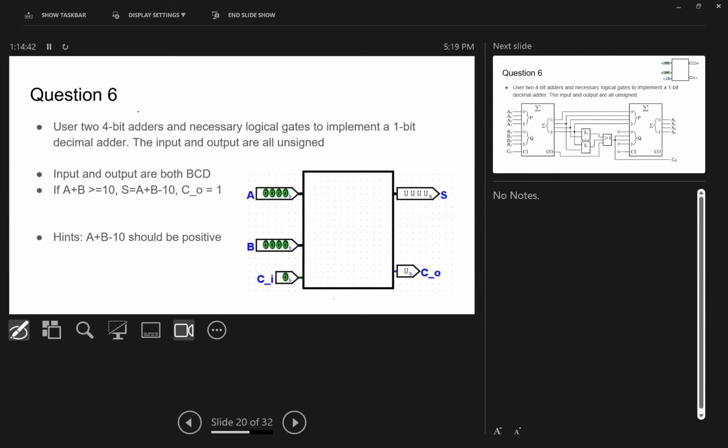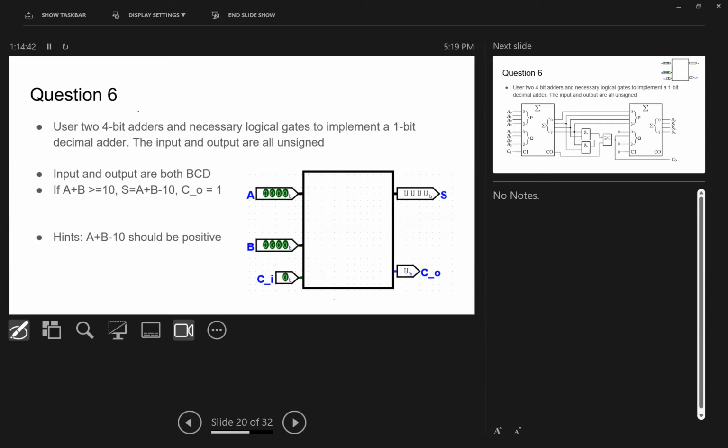So actually you can see here, we just AND the D3 with D1, right? Actually, it means that when D3 and D1 are equal to 1, right?